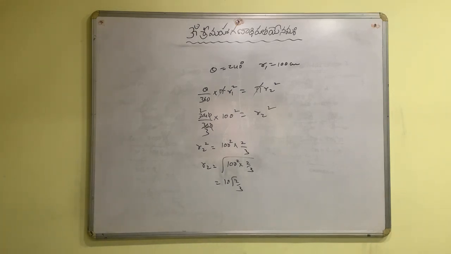A sector is cut from a circular sheet of radius 100 centimeters, and another circle of the same area is formed.